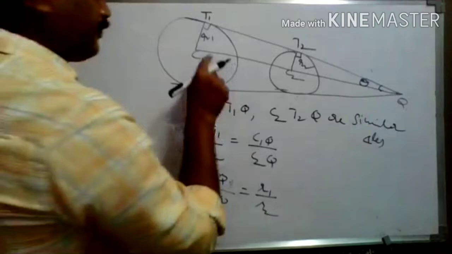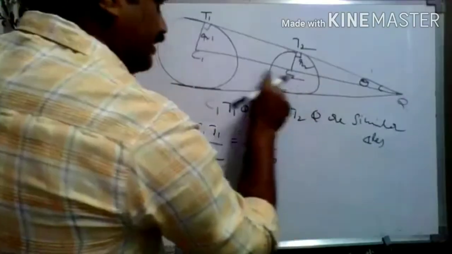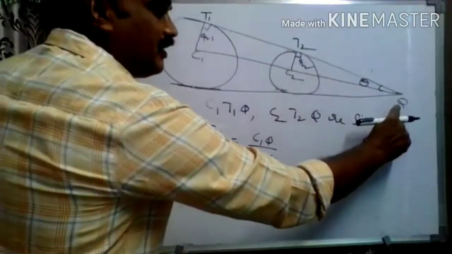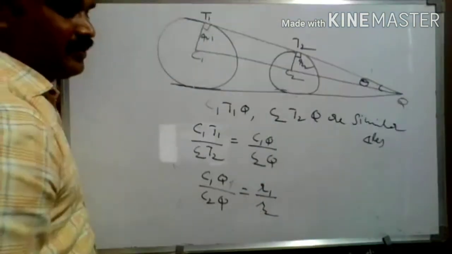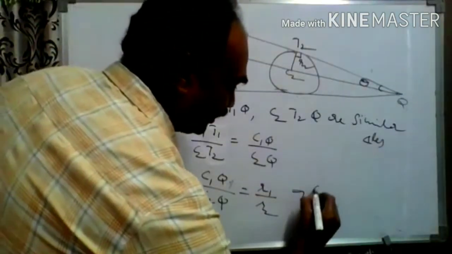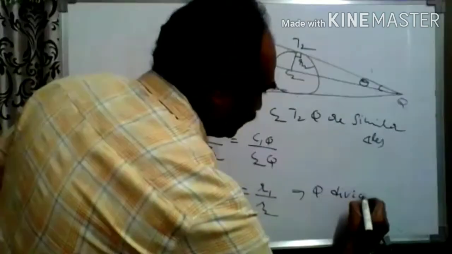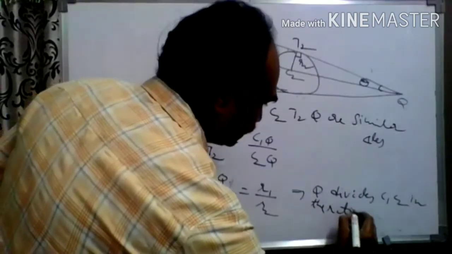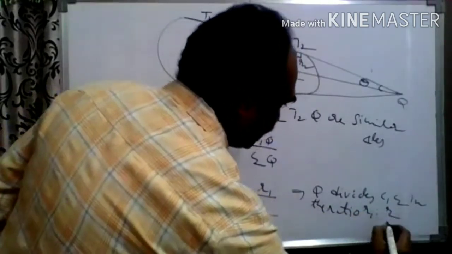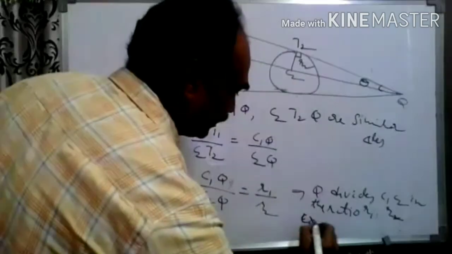Here Q is outside the segment, so Q divides C1C2 externally in the ratio R1 is to R2.